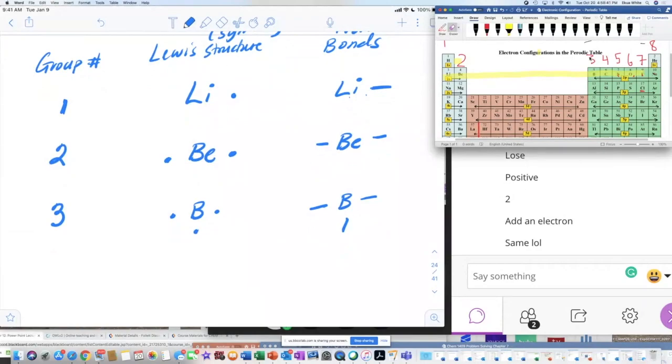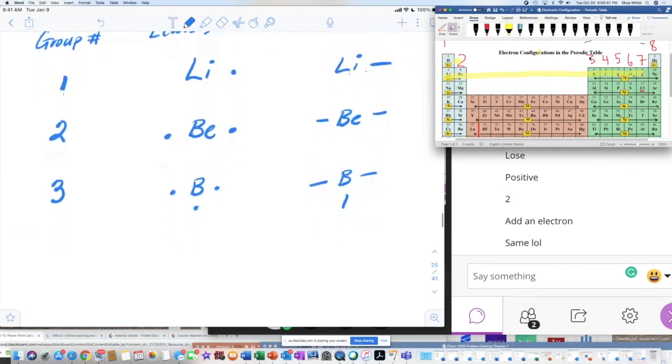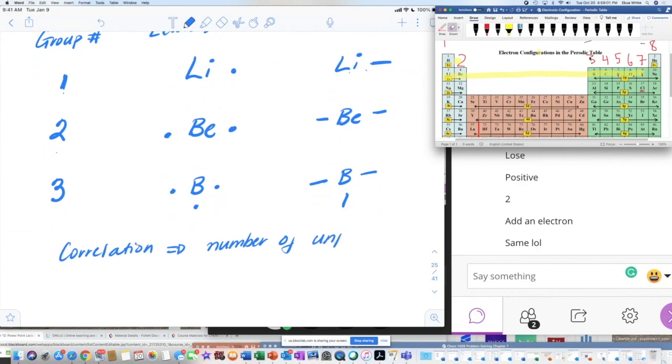Having seen group 1, group 2, group 3, it's almost safe to say that there is a correlation here, right? Before I continue, the correlation here is that the number of unpaired dots, the dots are technically electrons, so I should say electrons, equals the number of bonds, right?